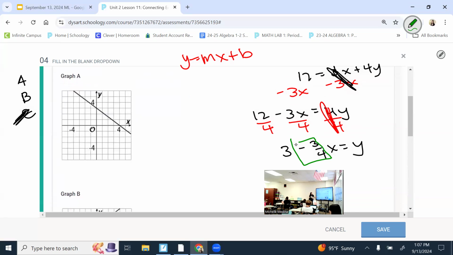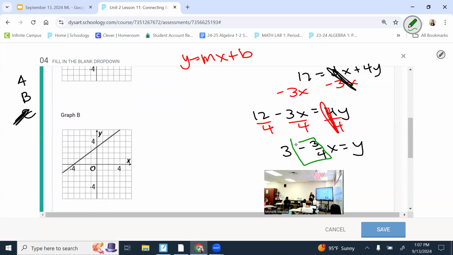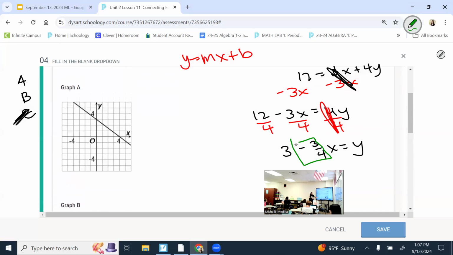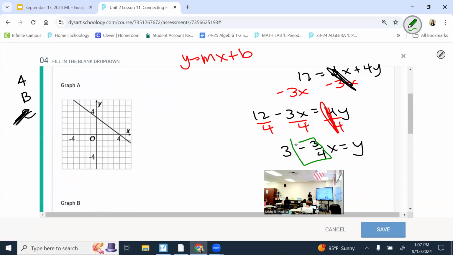So is it going to be graph A or graph B? Graph A, if it has a negative slope and the y-intercept is 3. Side note, the slope is going down 3, to the right 4. In case there are some that are similar on your test.